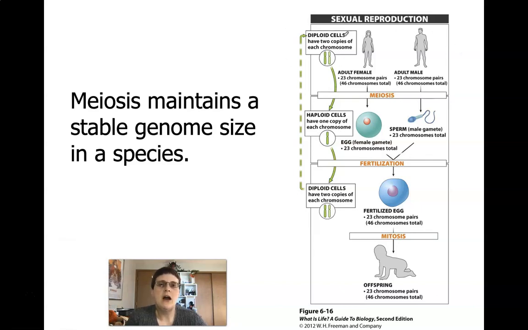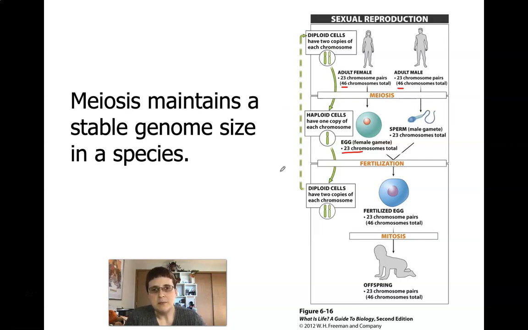So we are diploid, right? We normally have 46 chromosomes, 23 pairs, right? So that's why we are diploid, right? We've got pairs of each of our chromosomes. Then we're going to do meiosis. Meiosis is going to cut down the number of chromosomes to 23.